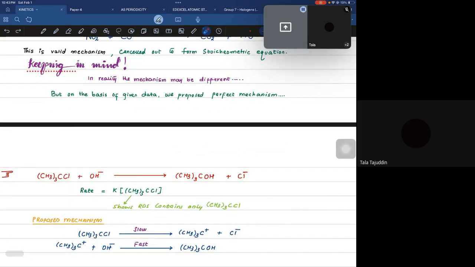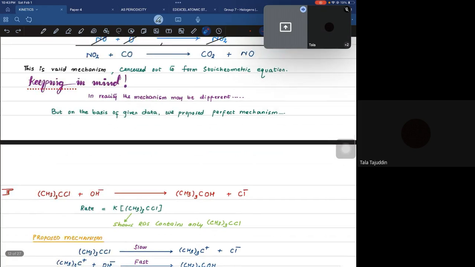Okay, so let's suppose this is your equation. In reality, the mechanism may be different, obviously, but we can predict the perfect mechanism. But I'm not saying that it would be 100% correct. Remember.